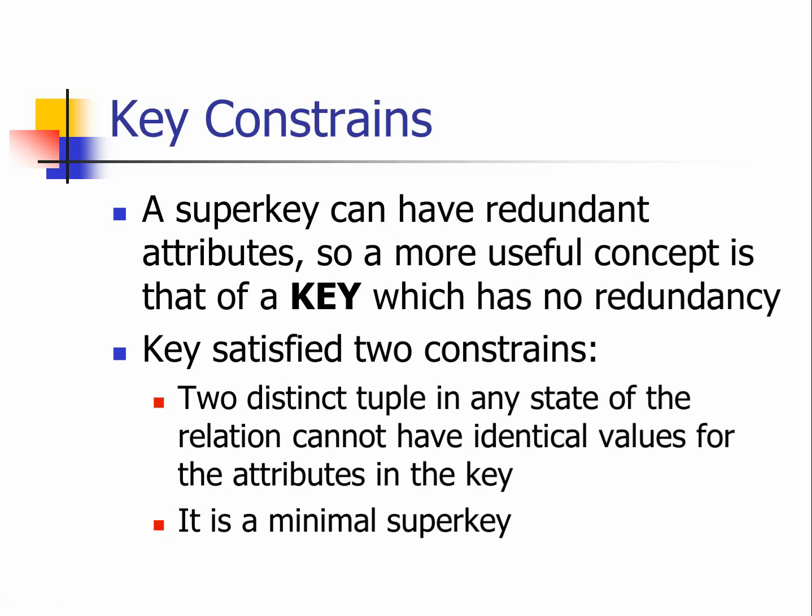Two distinct tuples in any state of the relation cannot have identical values for the attributes in the key. The first one is still the idea of the superkey, but the second criterion changes from superkey to key. The key definition has a second criterion that it is a minimum superkey.